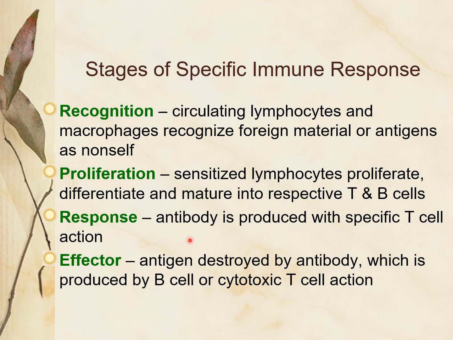In this stage, antibody is produced or specific T cell action occurs. And during the effector stage, the antigen is destroyed by antibody produced by B cells or by cytotoxic T cell action.